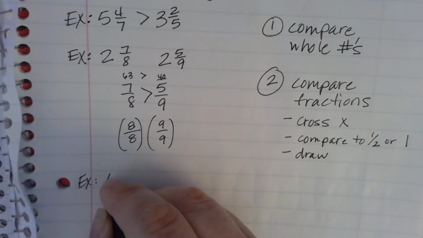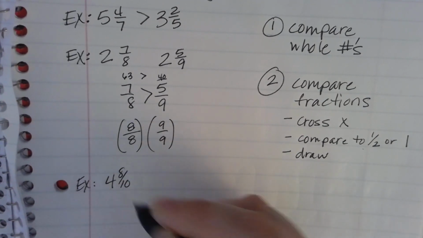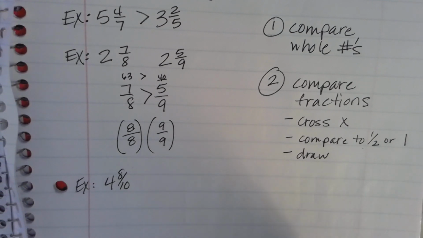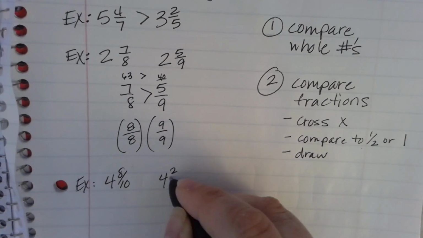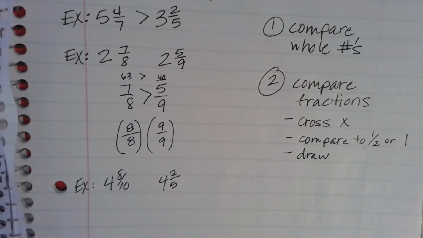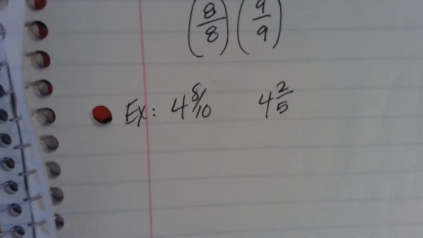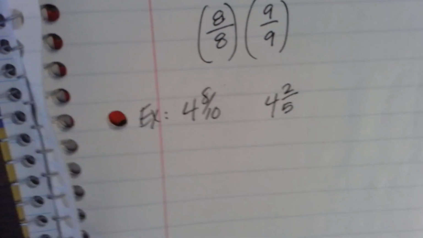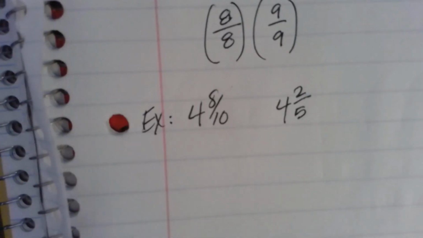So I've got 4 and 8/10, and I'm going to compare that to 4 and 2/5. Okay? So 4 and 8/10, and 4 and 2/5. Go ahead and take a look at this and write in what you think is going to be the bigger one.